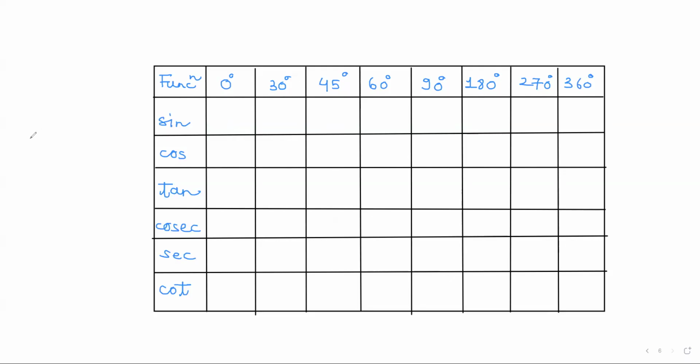Sine 0 is 0. Cos 0 is 1. Sine 30 is 1 by 2, cos 30 is root 3 by 2. Sine 45 is 1 by root 2, cos 45 is 1 by root 2. Sine 60 is root 3 by 2, cos 60 is 1 by 2. Sine 90 is 1. Cos 90 is 0.